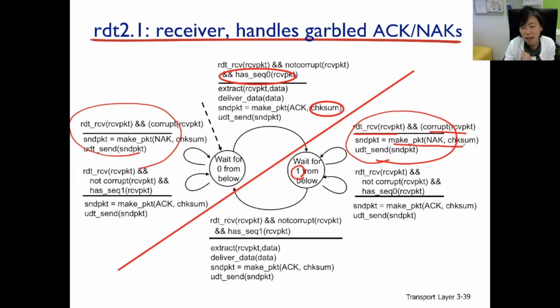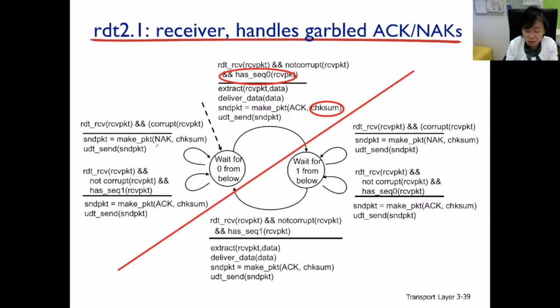Then we say, hey, the data is corrupted. Generate a negative acknowledgement, but hey, in RDT 2.1, we do need to include the checksum and send it back to the data center. Similarly here, if we're expecting 0, receiving a packet, it's corrupted. Generate the NACK, send it back to the data center. Okay, so these two transitions we know well. They have already appeared in RDT 2.0.